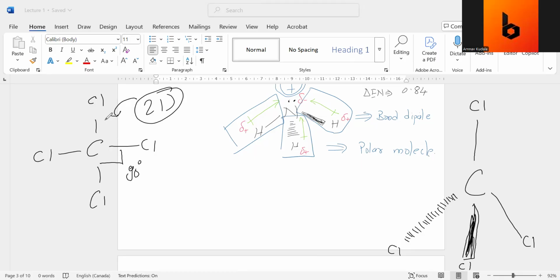But if you consider this 3D structure, the bond angle will be 109.5 degrees. So that is the importance of VSEPR over here. VSEPR actually tells you the true geometry of the molecule.